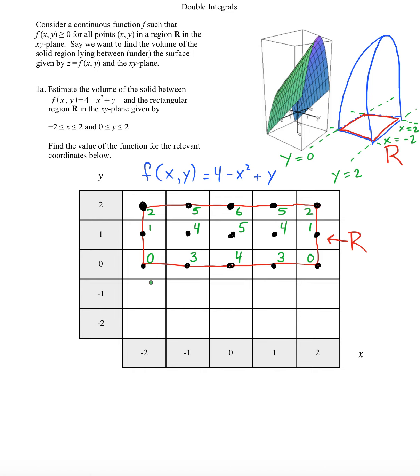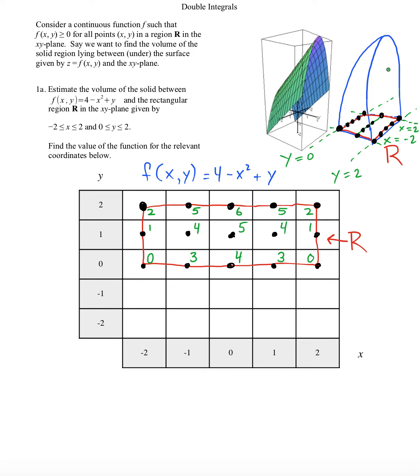So if we were to plot these dots onto this shape here, they would look basically like this. You got 1, 2, 3, 4, 5. 1, 2, 3, 4, 5. 1, 2, 3, 4, 5.